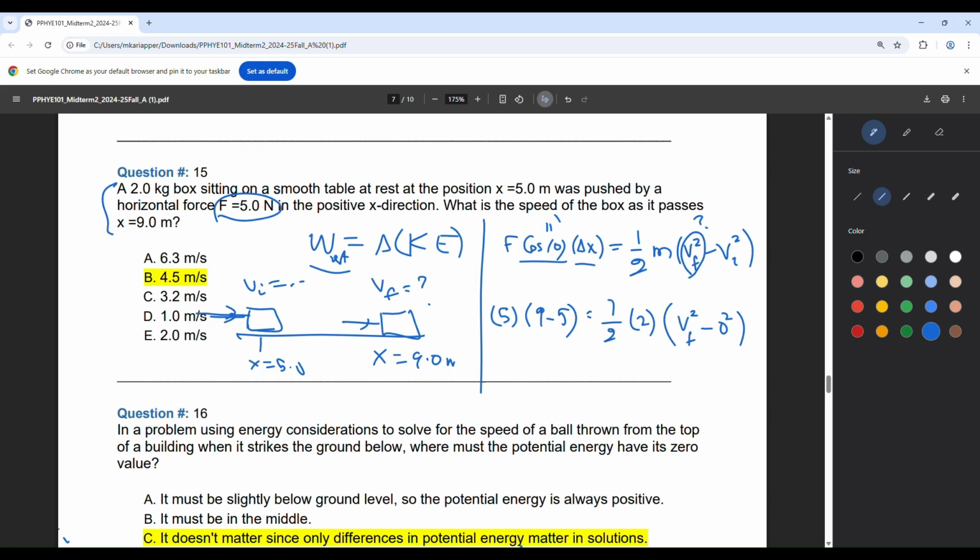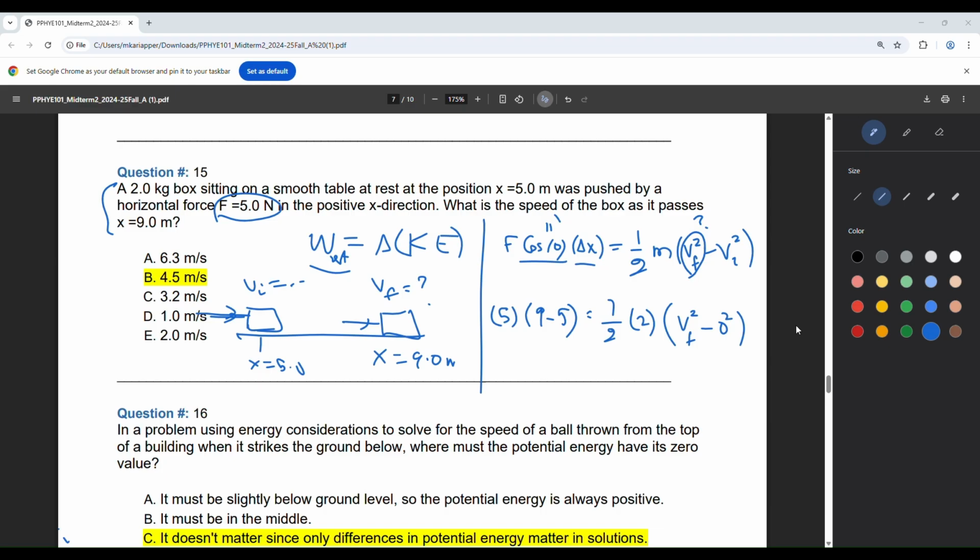Or, if you like, you can go to your calculator and use it in the solving mode and get the answer. So let me show it to you. 5 multiplied by 9 subtract 5. Well, you can say, okay, I know 9 minus 5 is 4, but anyway, let me just do everything.